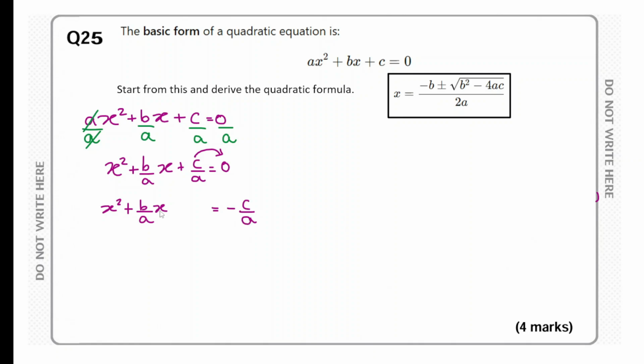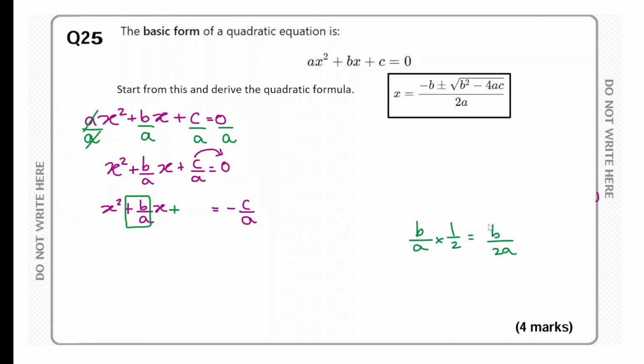Now to complete the square, I need to half this middle coefficient and square it and add it to here.